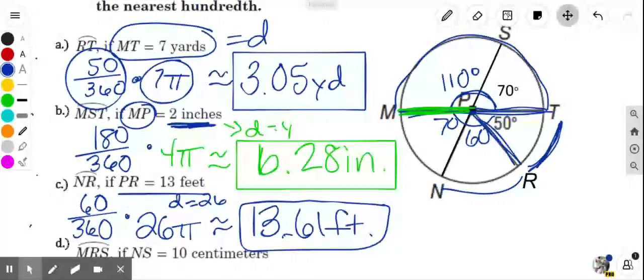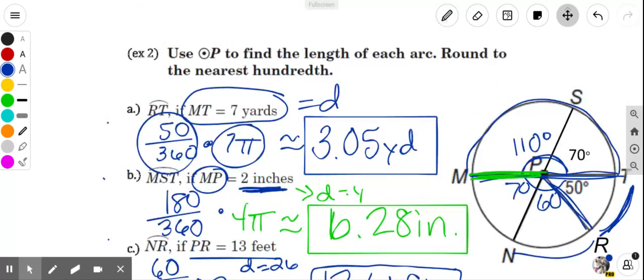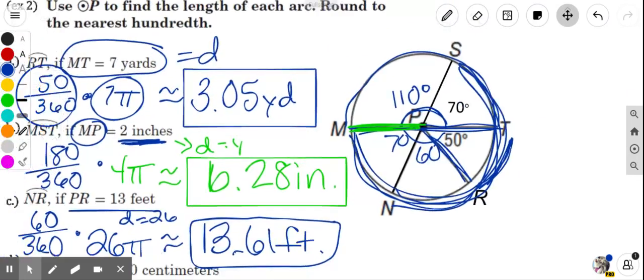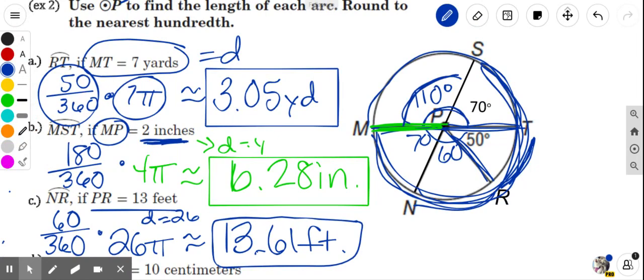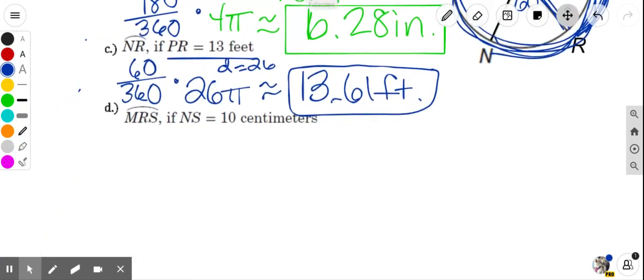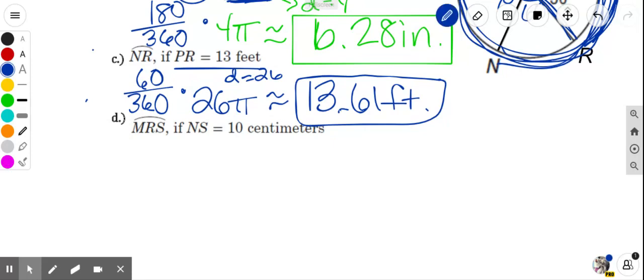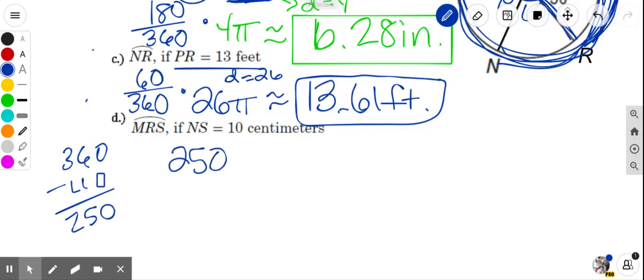And then last one is MRS. MRS is this whole thing. This is a major arc. So we're going to take that central angle, 110, and subtract that from 360. So let's do that down here. 360 minus 110 is 250. So this is going to be 250 over 360.